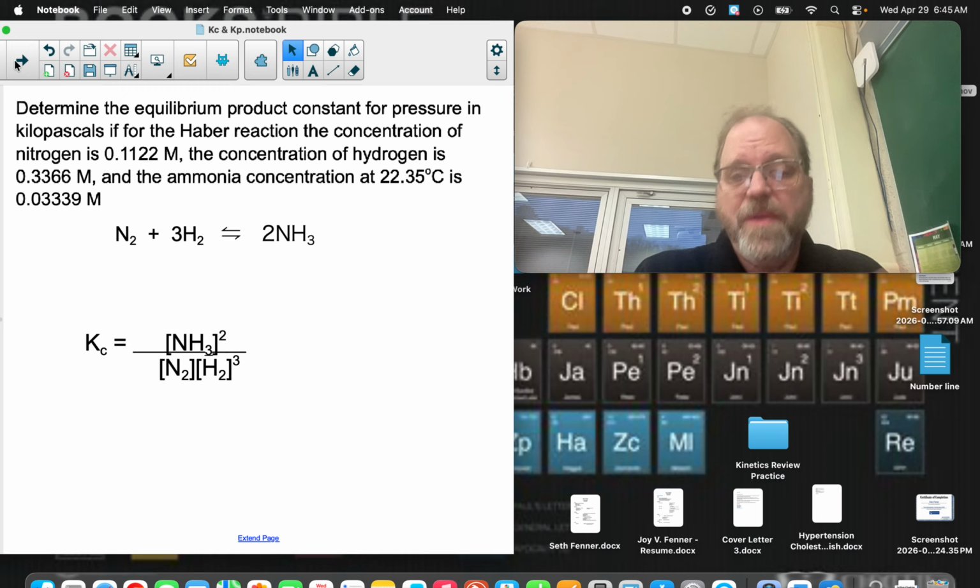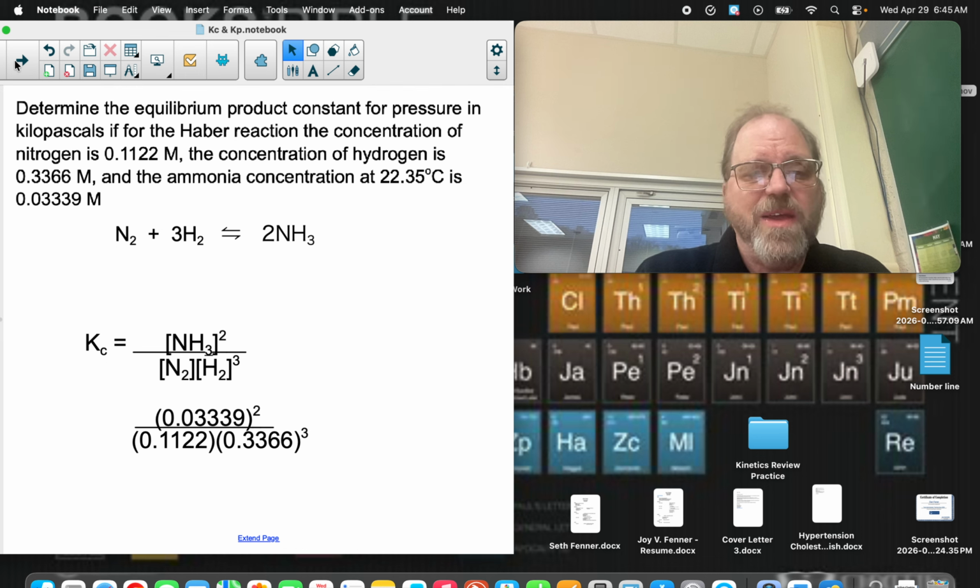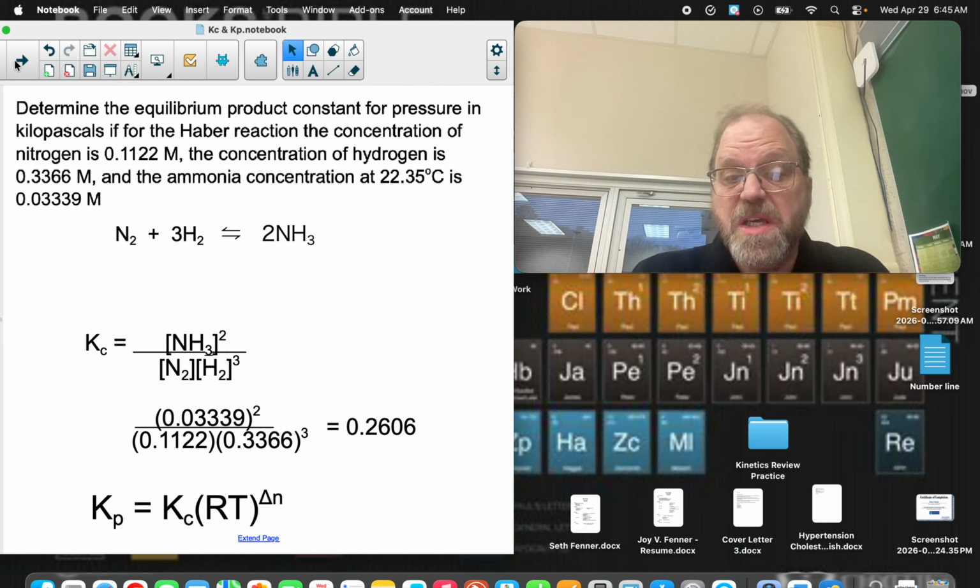Okay, Haber reaction again. Remember, that's balanced. So for Kc, that's my expression. Plug our values in, I get a Kc value of 0.2606. Now we said Kp is Kc times (RT) to the delta n, and we want this for kilopascals.